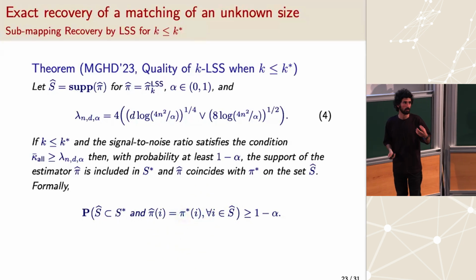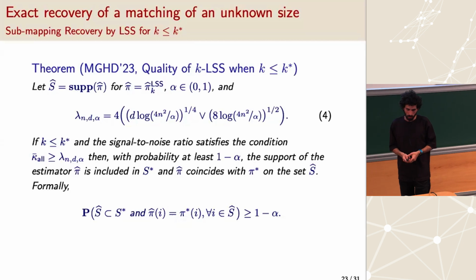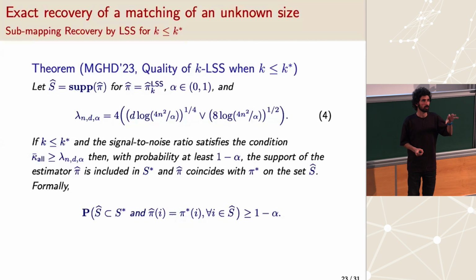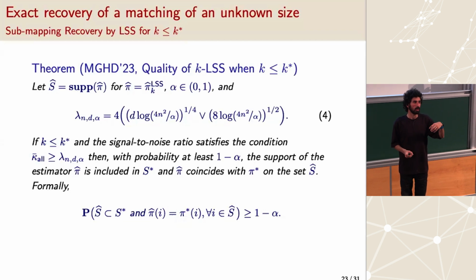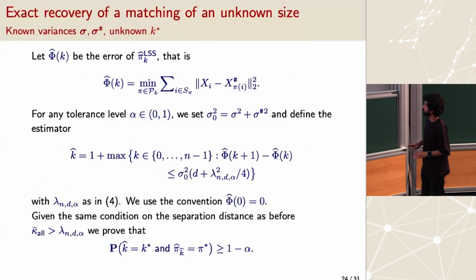So we are recovering a subset of our true matching map, and this is important, because if we don't know the true value of k star and we don't want to estimate it, then if we are sure that we have a k strictly smaller, we can be sure that the matching we end up with will be a subset of the true matching. So this is the meaning of this result.